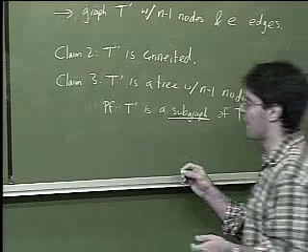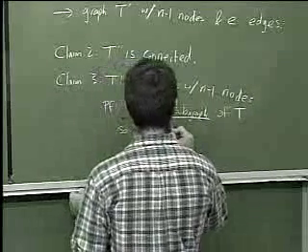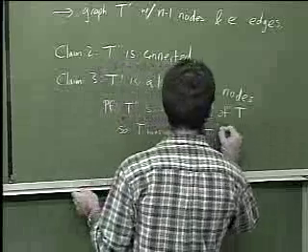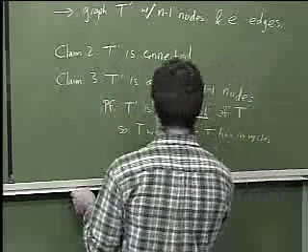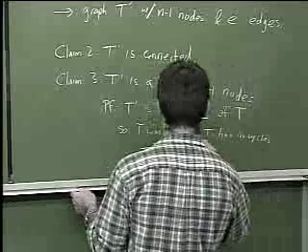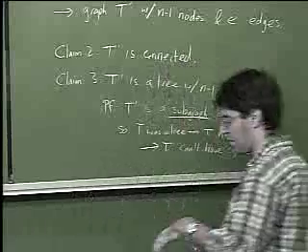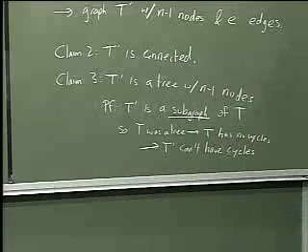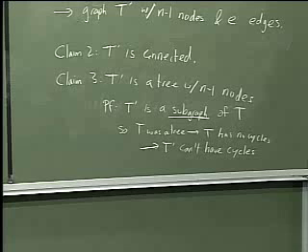Okay, so if T was a tree, that implies that T has no cycles, then T prime can't have cycles. Right? If in the original graph I don't have any cycles, I have no paths that contain loops. If I remove a node, I don't suddenly get paths that have loops, that have cycles.